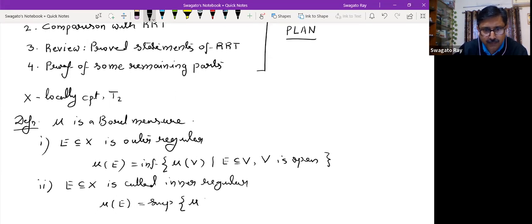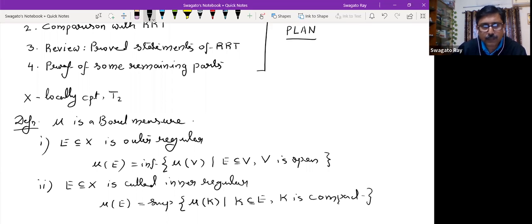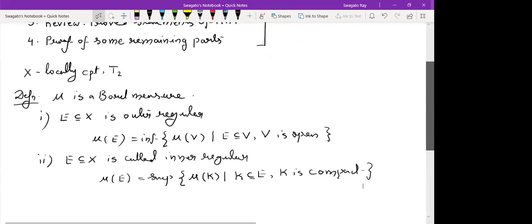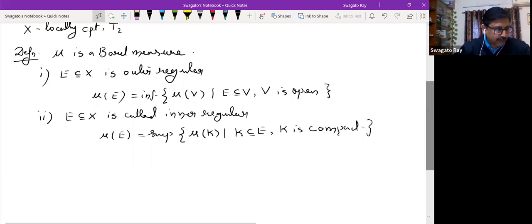Well, it's the measure of K, where K is a subset of E and K is compact. So a set E is called inner regular if its measure is the supremum of the measures of the compact sets sitting inside it. And then comes the notion of regularity.